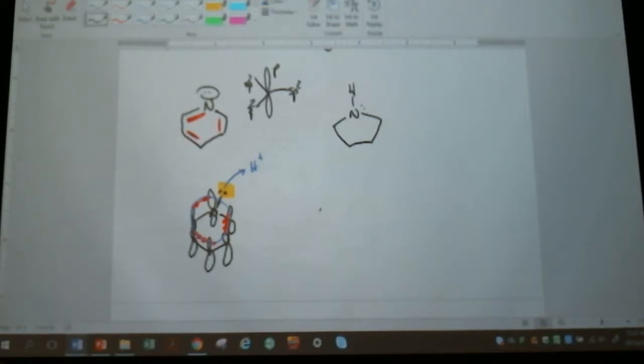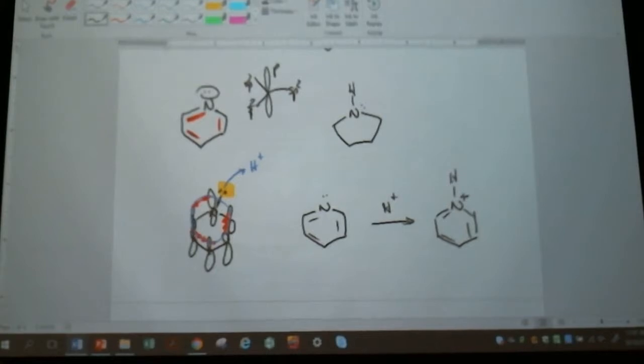So this molecule, in the presence of hydrogen ion, will pick up potentially a hydrogen, become positively charged, and not alter the fact that the ring is still aromatic, because we have not in any way, shape, or form changed the pi electrons that make this ring aromatic.